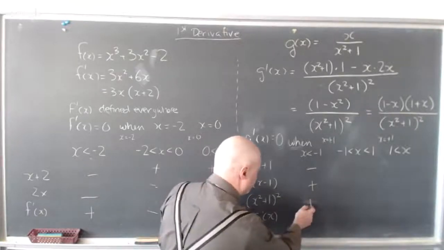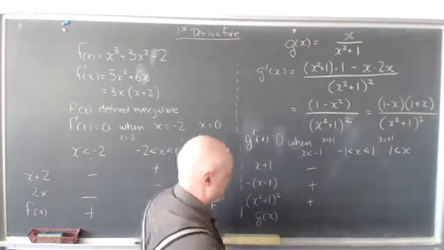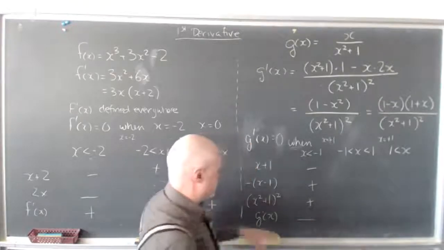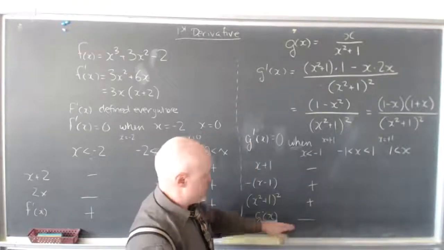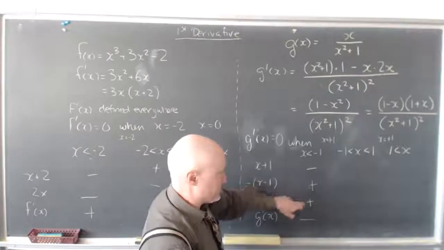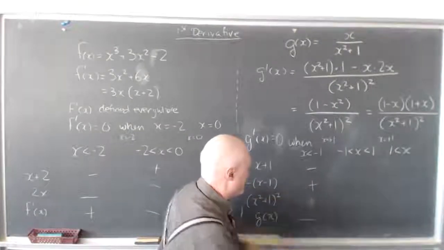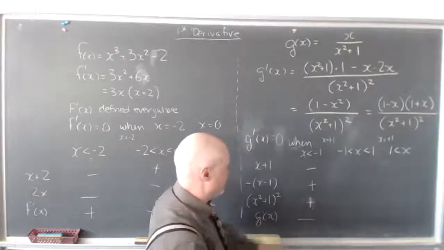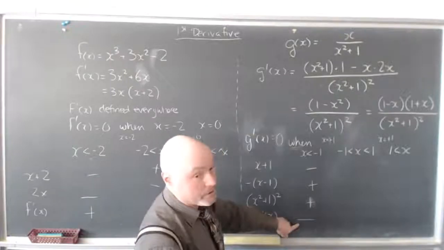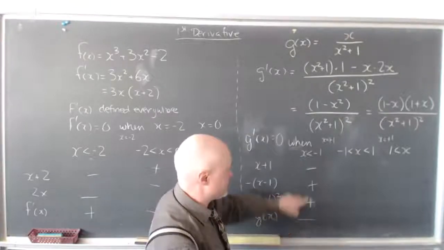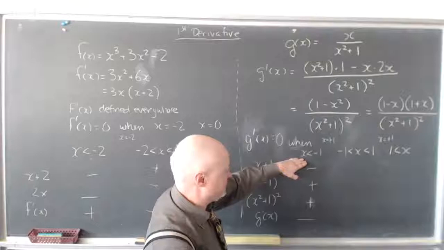This one is always positive, so it's almost silly just to put it in there. The sign of the derivative is negative, because a negative times a positive is negative. So the original function g of x is decreasing when x is less than negative 1.